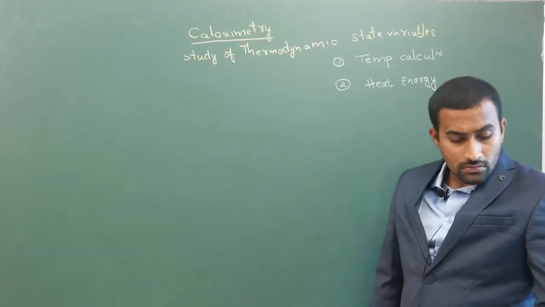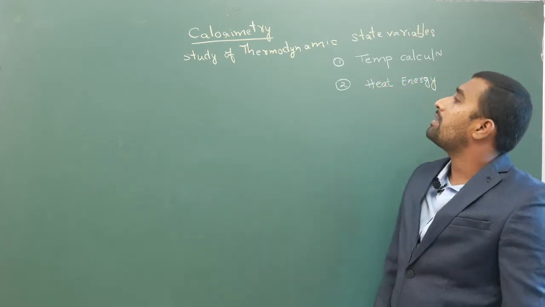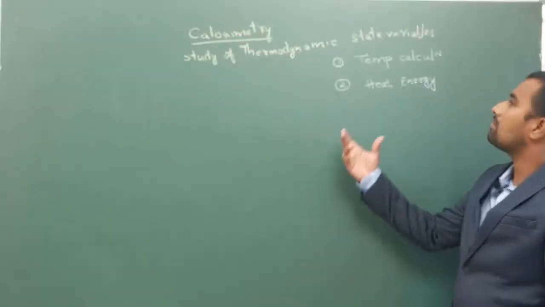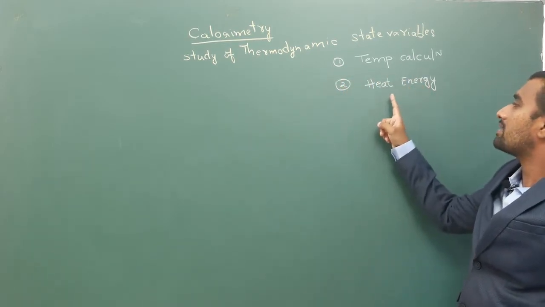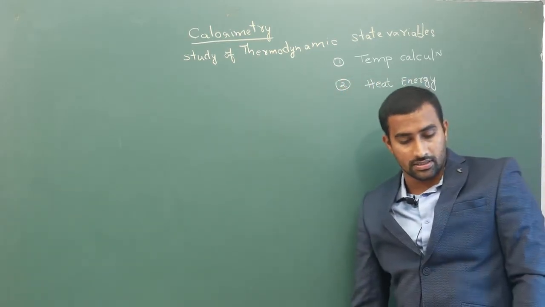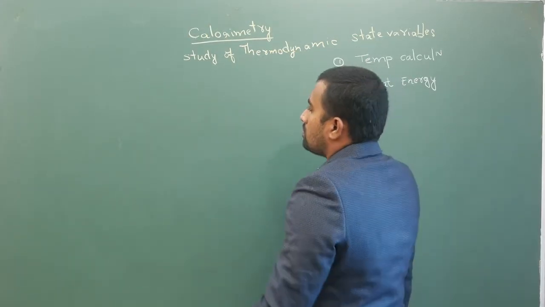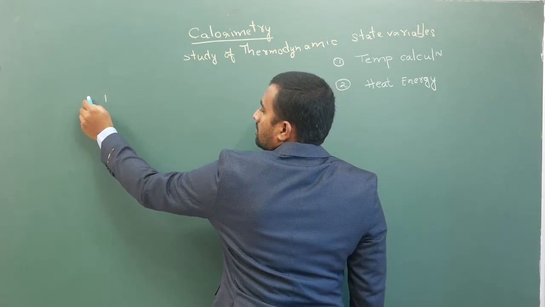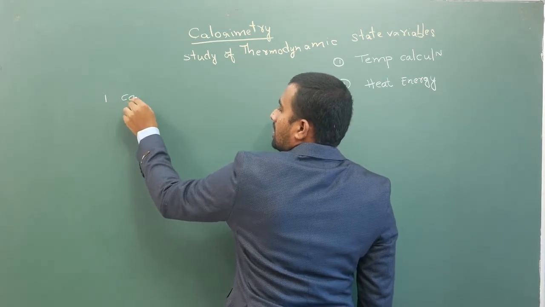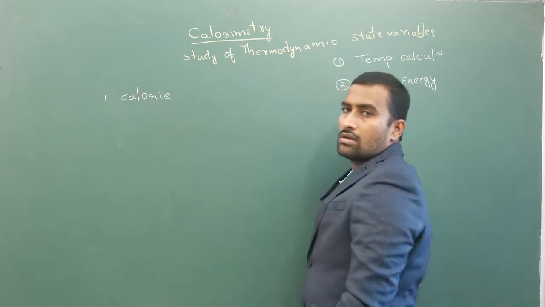So we need to understand calorimetry in detail, but our IIT JEE portion is basically limited to temperature calculation and heat energy calculation. Now if you look at the word calorie, 1 calorie is a unit of energy.